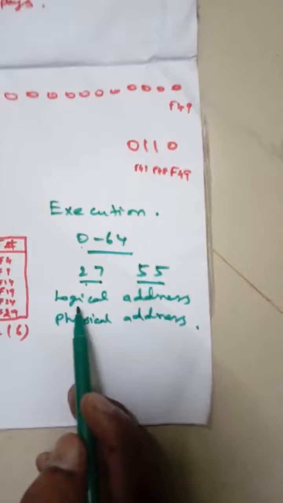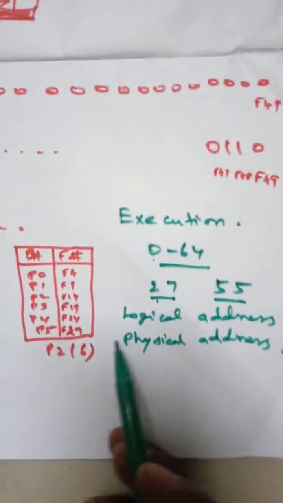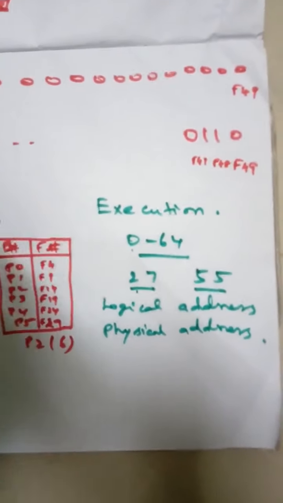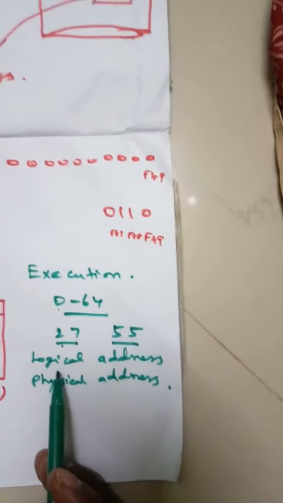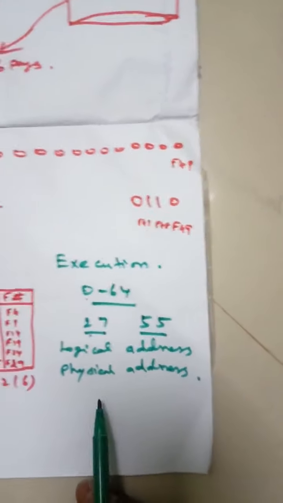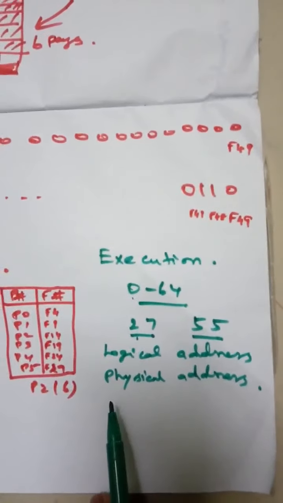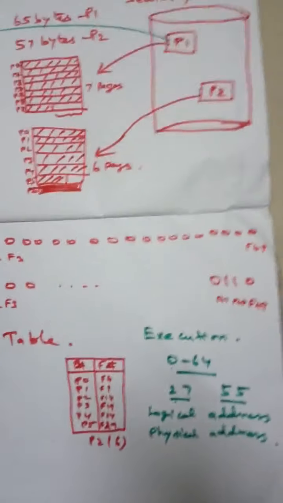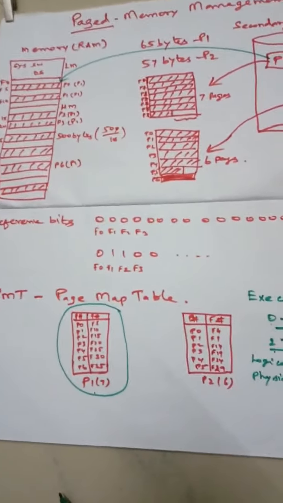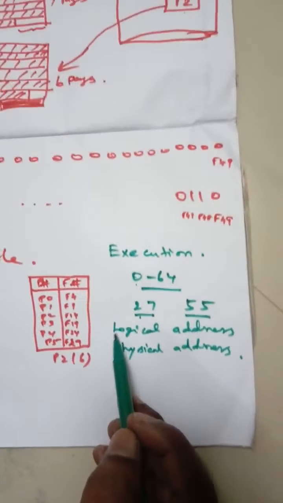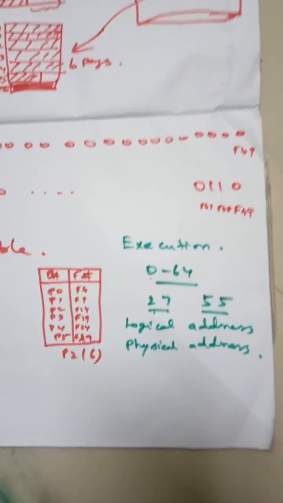What do we mean by logical address? If an address refers to a program or data in secondary memory, it is a logical address. A physical address refers to an instruction or data in random access memory. So a logical address must be converted to a physical address.